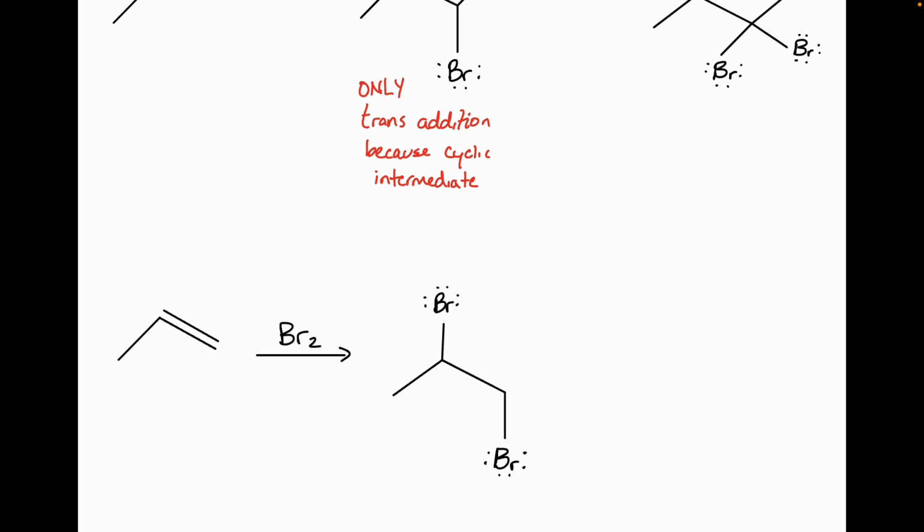anti-addition part. All right, but what's going to be interesting for us is what happens if you take this compound and treat it with a strong base, like potassium hydroxide. I'm going to draw in some implicit hydrogens here to make a point.